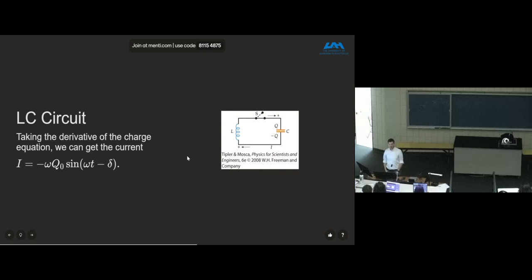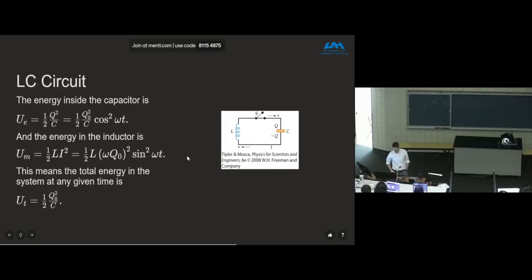For the rest of time, it will do this. Now, we know that unless these are made with superconductors that have zero resistance, there's going to be some minimal resistance just due to the fact that you're using a copper wire in the system, and it will dissipate energy over time, and this will eventually decay. But right now, the current, in this ideal sense, will oscillate forever, back and forth.